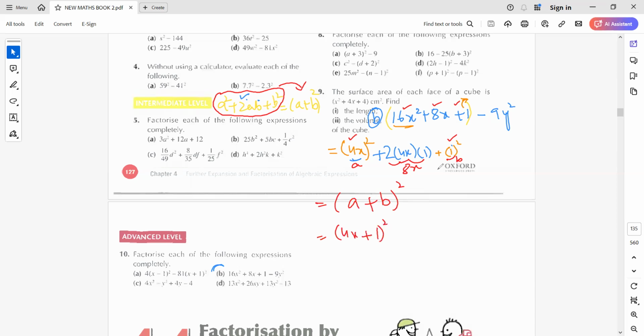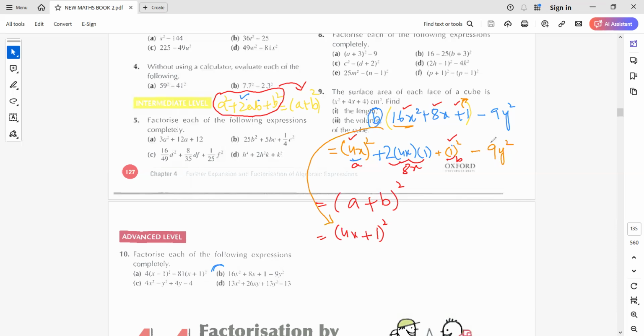Okay. And now what about the next variable term? That has to be kept going alongside.